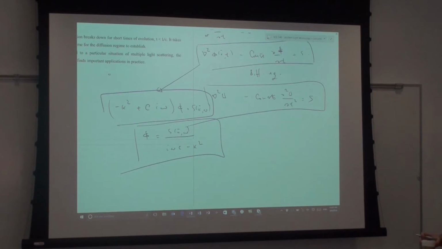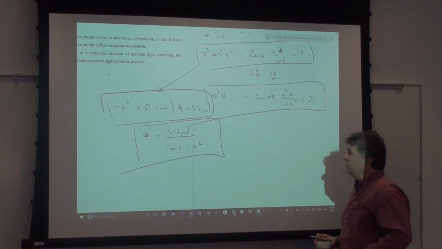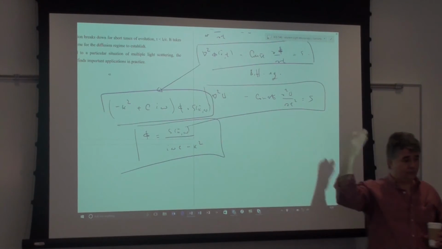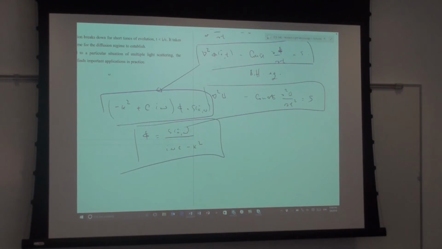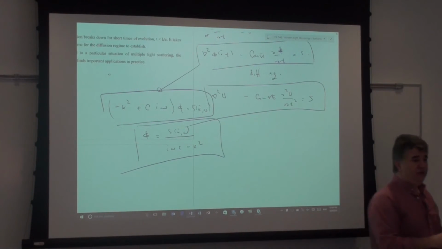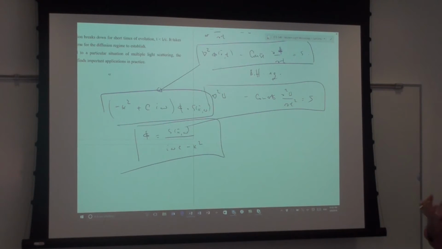And you can solve it in 3D, in 2D, and so on. You can follow the Fourier transform properties that we used before.